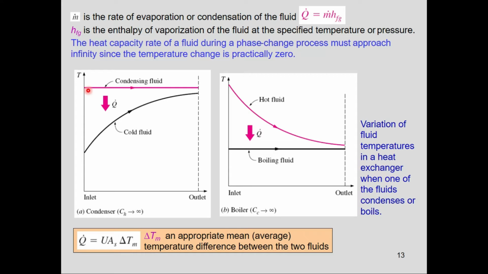So what is happening in this case is that the vapors entering at the inlet of the heat exchanger will give their latent heat to the cold fluid, and the temperature of the cold fluid will increase, but the condensing vapors will remain at constant temperature, because you need to understand that there are two kinds of heat.